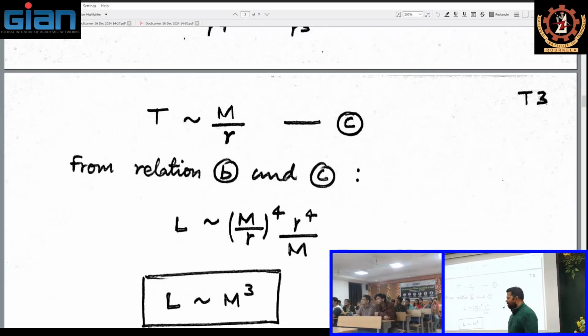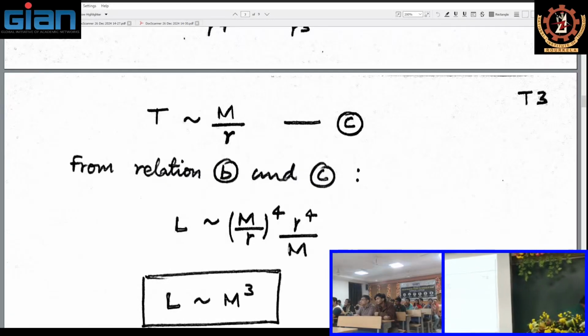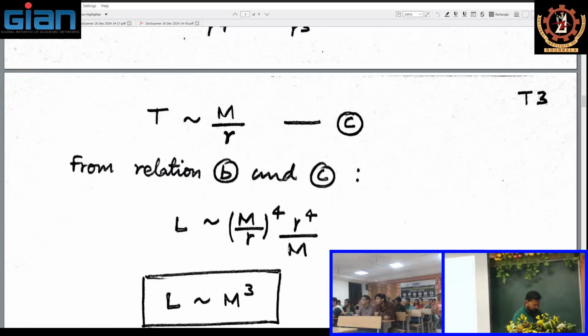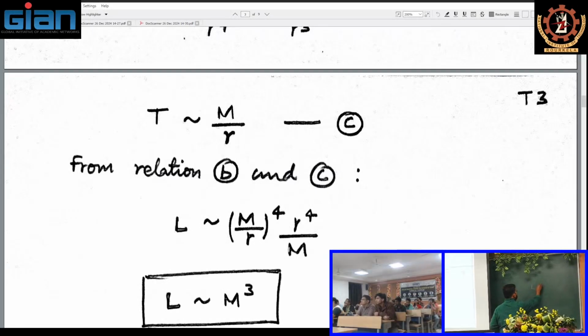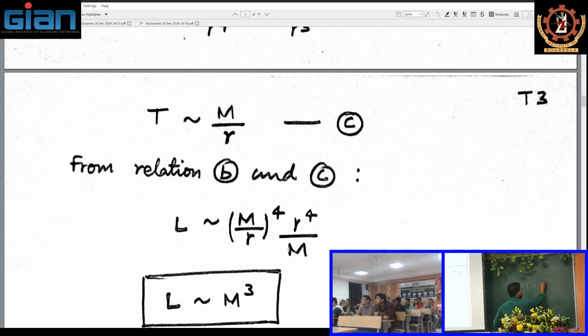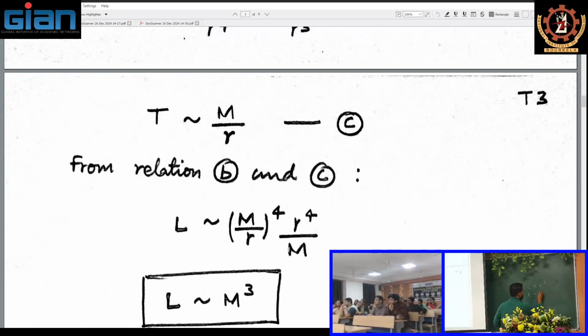If you write, let's say, L is proportional to M cube, if I have a relation, I can also write, assuming other things are constant, L is equal to A M cube.